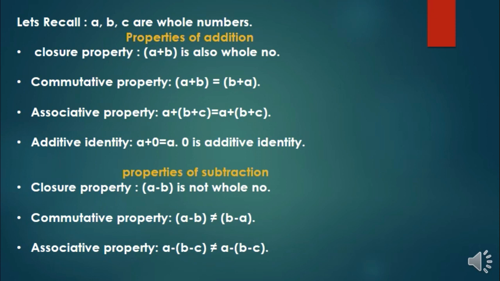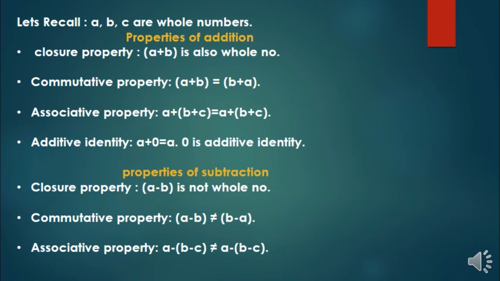Associative property: (a plus b) plus c equals a plus (b plus c). Here also grouping doesn't matter. Next property, additive identity: a plus 0 equals a, where 0 is called additive identity. These are properties of addition.